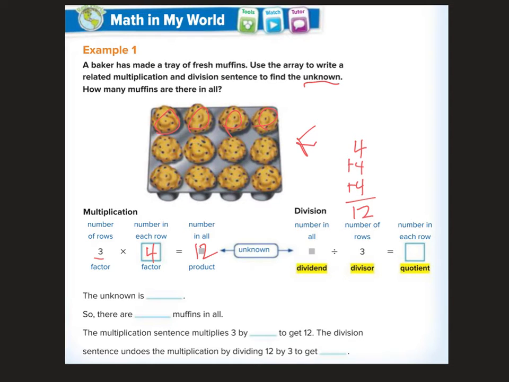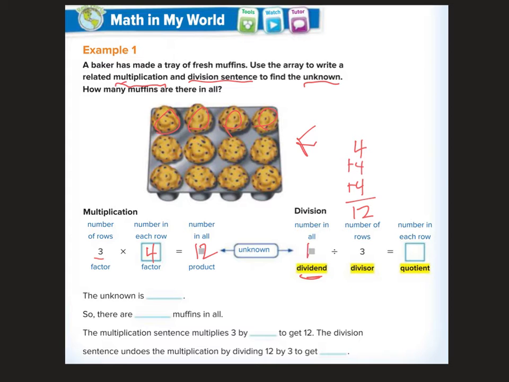I could also write a division sentence, because that's what it said I had to do. Write the related multiplication and division sentence. Whenever I'm doing division, my dividend is always the greatest number. Until we get to further math, it's not always going to have to be that way, but for right now, as we're starting to study division, that first number, the dividend, is always going to be the biggest number.